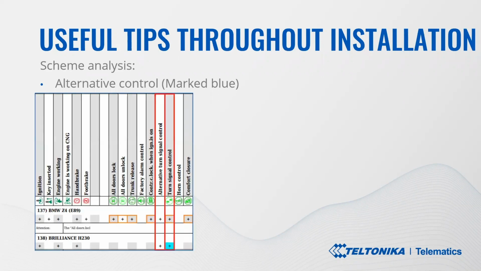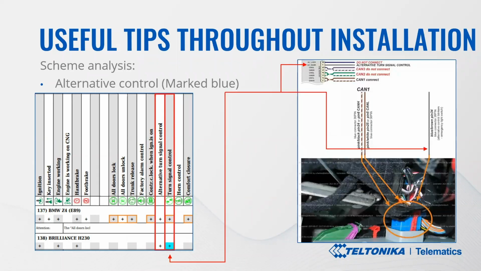In this case, you will be notified in the supported vehicle list with a light blue marker, basically a square identifying that an alternative signal wire should be used. In the schematics, you will have a definition of where to find this alternative wire, and it will also be specified that you must connect this wire to the CAN control unit. Of course, in case it is specified that you do not connect the wire, no action should be taken.